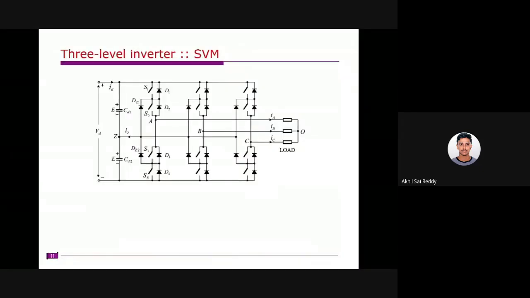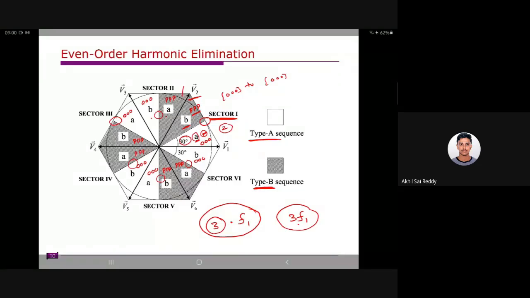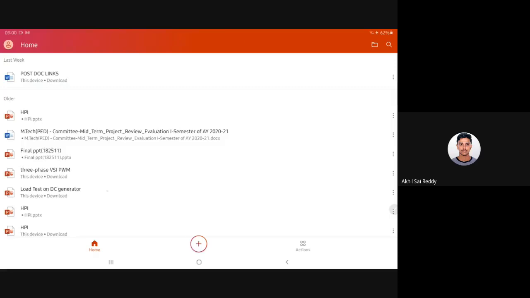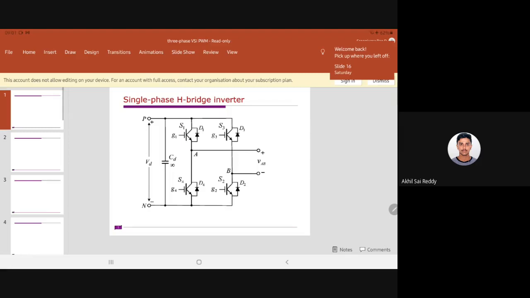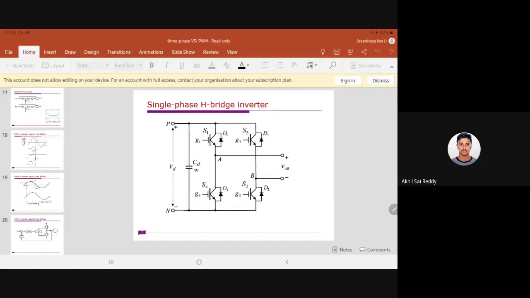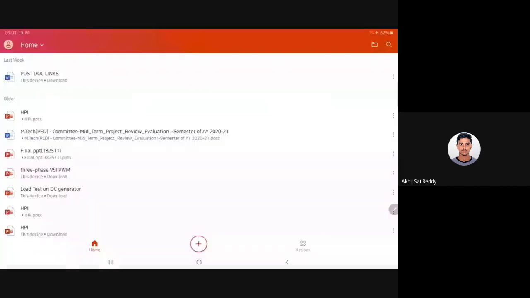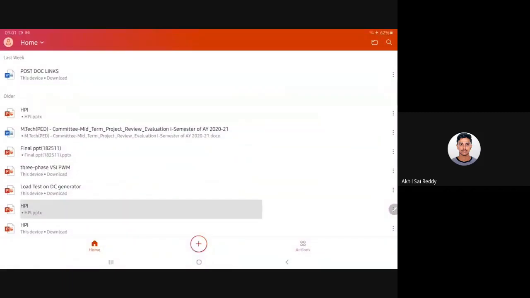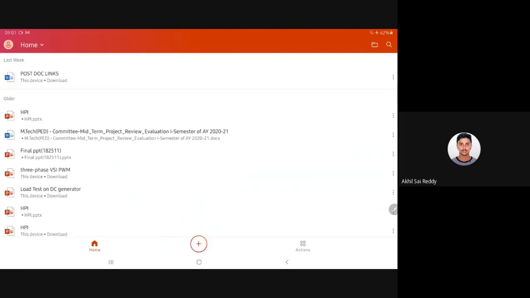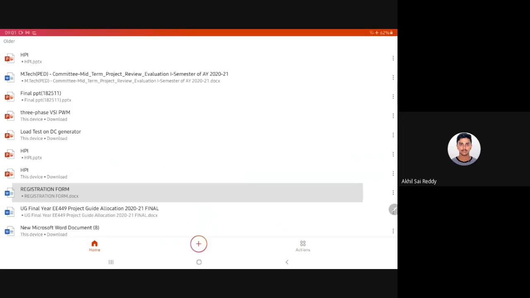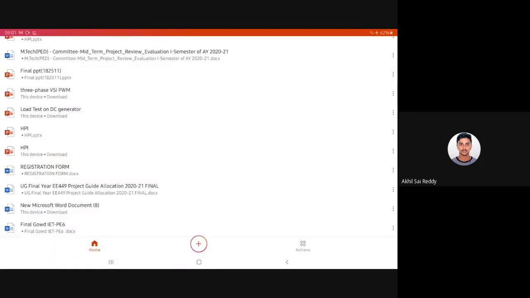I think this figure is not there. Somehow I missed that figure.